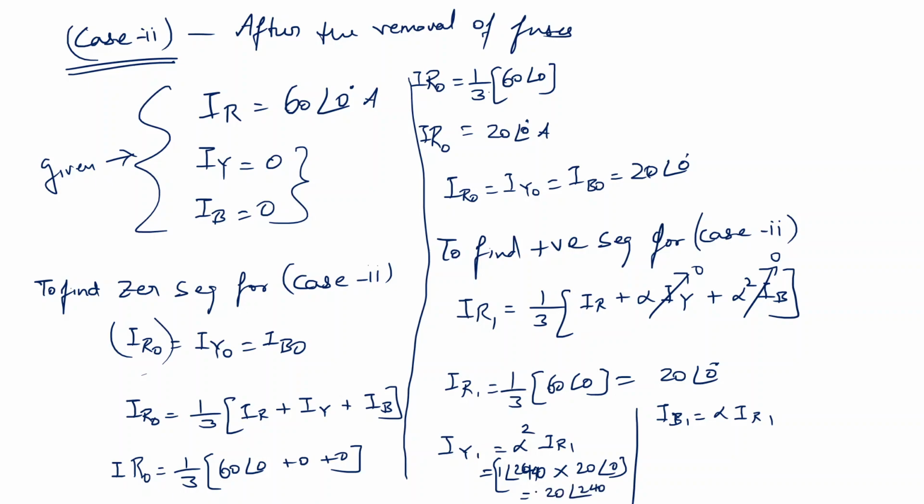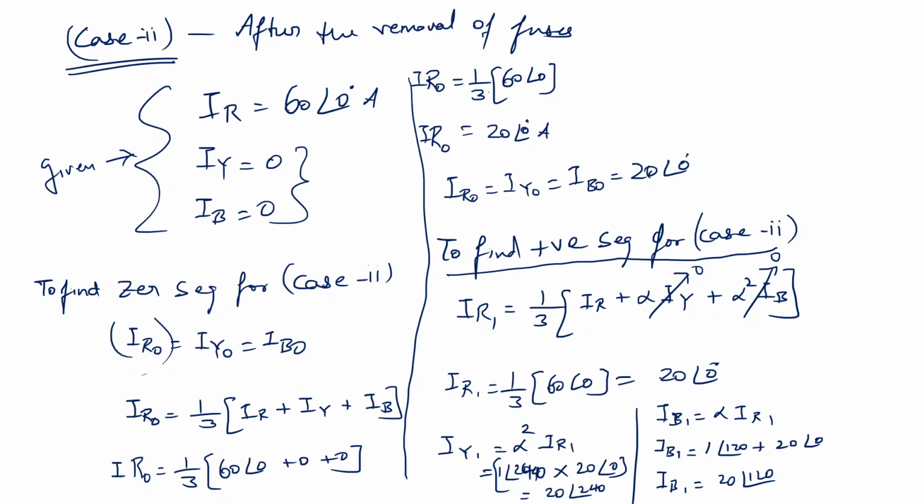So IY1 is 20 angle 240. Similarly for IB1, it is alpha, 1 angle 120, times 20 angle 0. So IB1 is equal to 20 angle 120. So this is my IB1, and this is the value for the positive sequence for case 2.